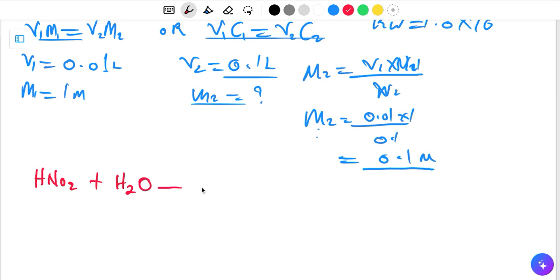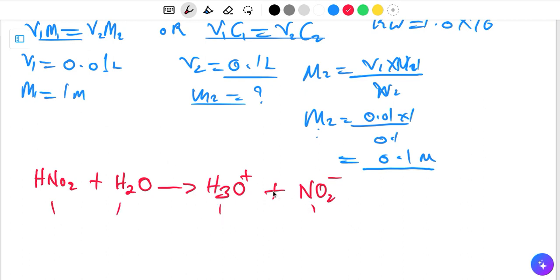And then we are going to have hydronium ions plus nitrite ions. I need to remove the H there, remaining with the nitrite ions. In terms of the ratio, it is 1 to 1 to 1 to 1.